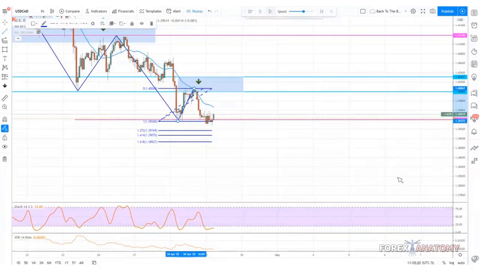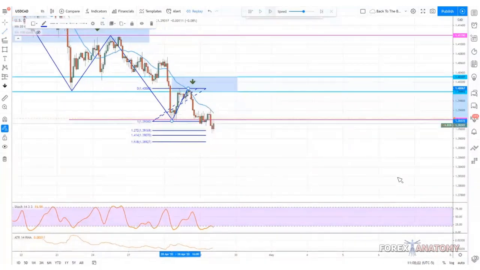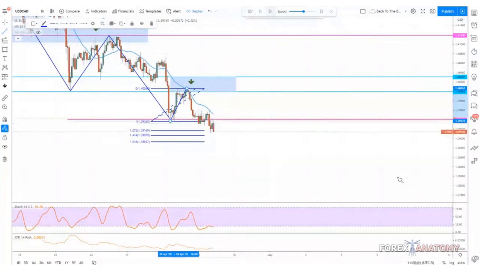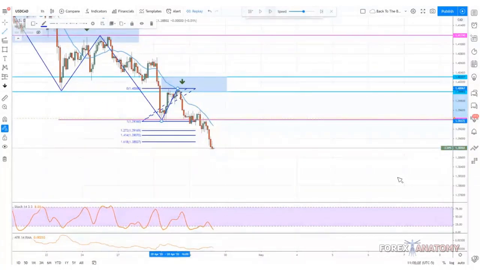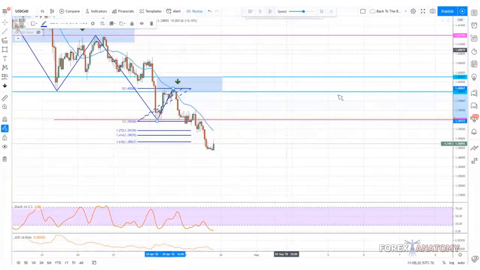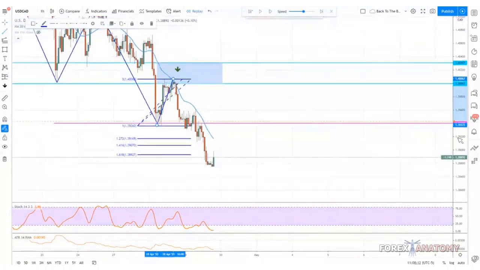So we see price has now corrected. Well, the correction wasn't really strong. Now we see this impulse move to the downside. I'm just going to draw this in anyway, because I think we did get a lower low, lower close.